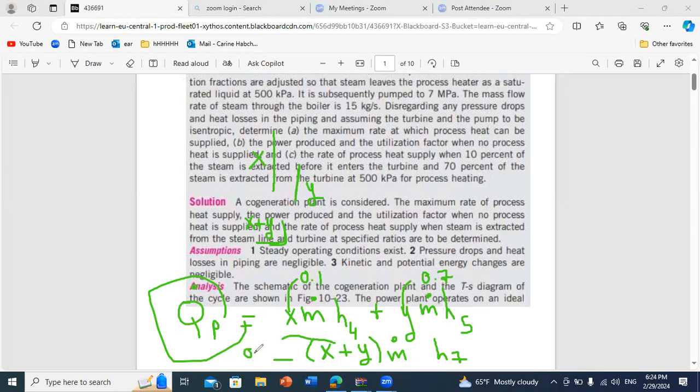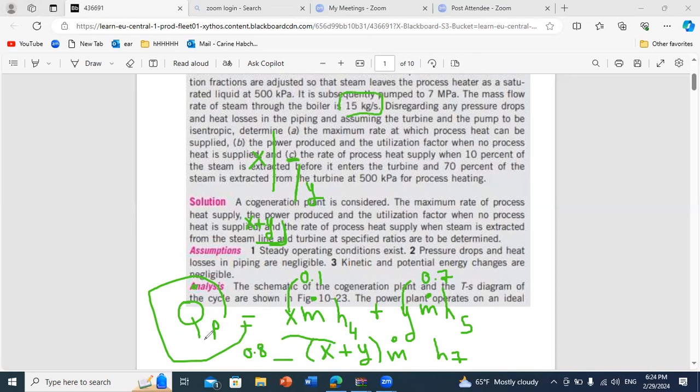Since you have the total mass flow rate, which is 15 kilograms per second, and you determined all states H4, H5, H7 from the analysis of the TS diagram, all you have to do is replace and get, in part C, the total process heat.